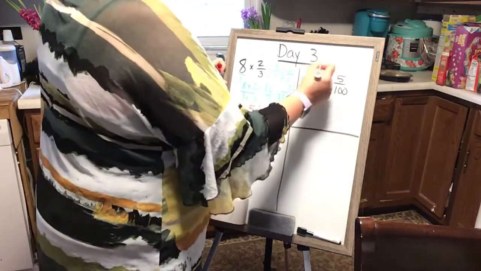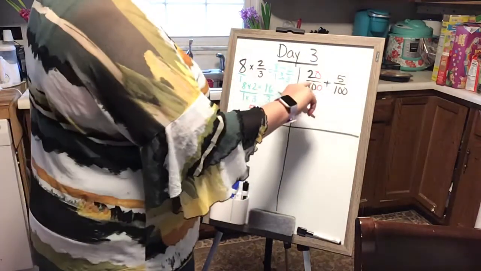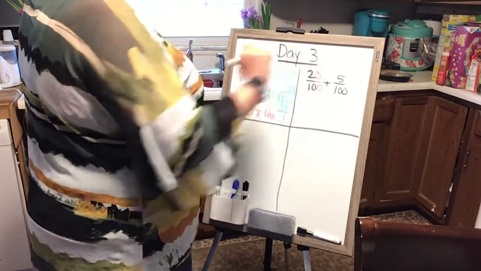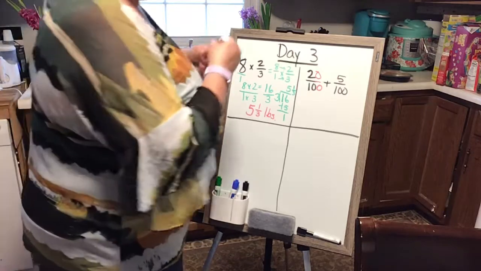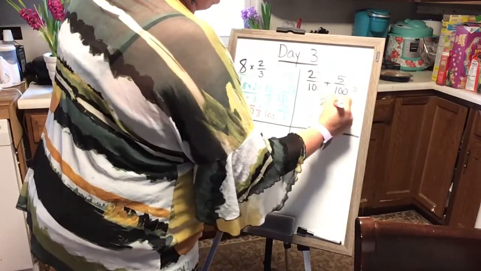So 2/10 is going to become 20/100. I know that because 10 times 10 is 100. So 2 times 10 is 20. So now we have 20/100 plus 5/100, and that equals 25/100.